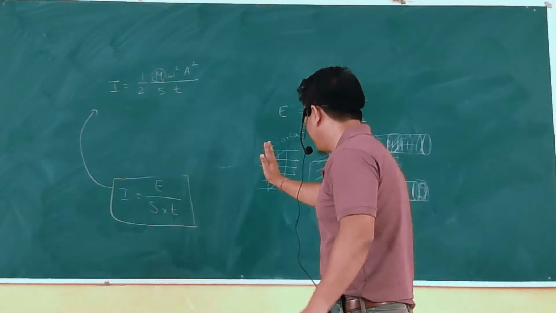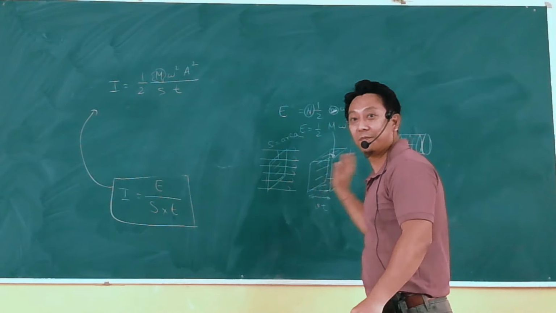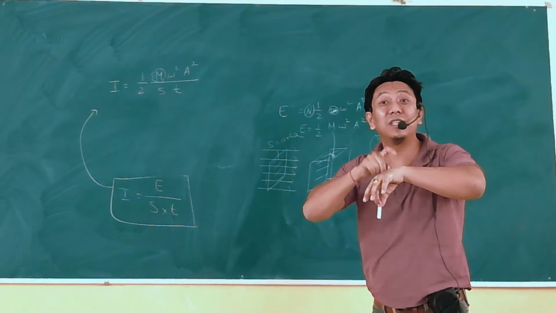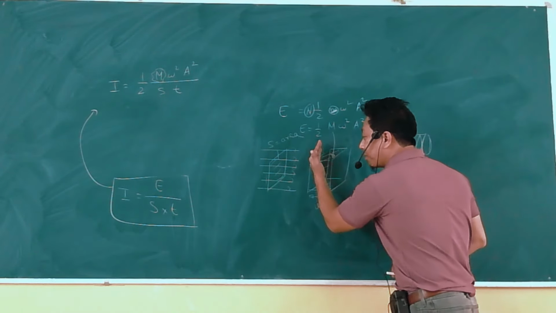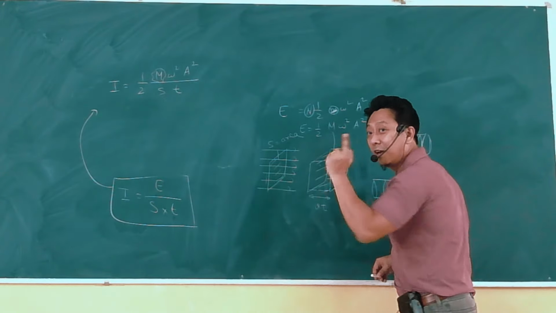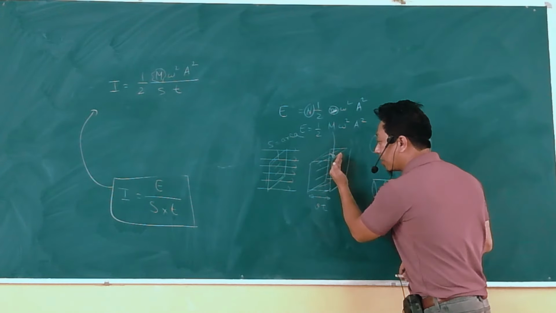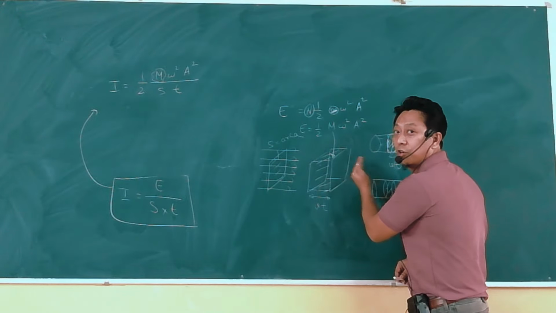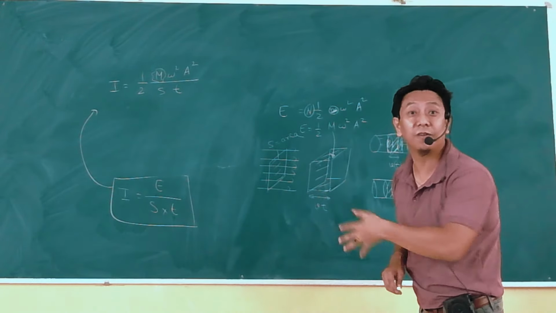But here the wave is moving in a medium. In time t, this part of the wave reaches here. Is it compulsory it should reach here only, or it can go up to here also? It can go up to here depending on the speed.